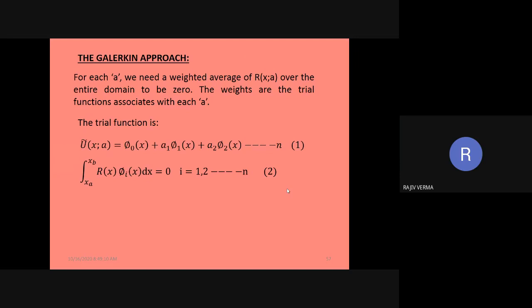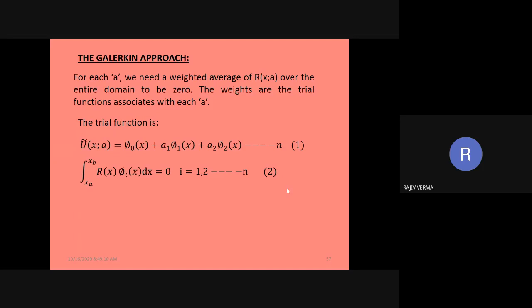Now, in equation number 1, kindly notice that each unknown A is also associated with a phi. So there are as many phi values as there are unknowns A. Once you multiply the residual with phi I, you get an equation.